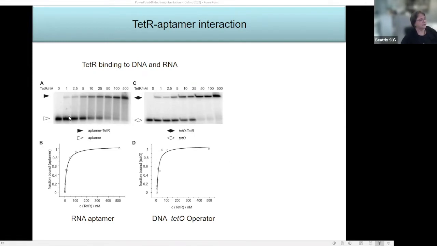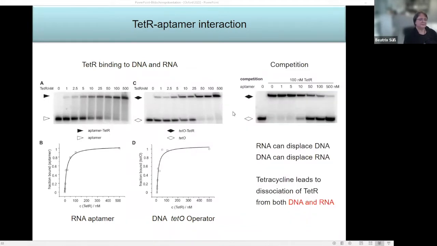With this band shift, you can see that if you have the aptamer, you can nicely shift it in the presence of protein, with nearly the same efficiency as with the DNA, the TET operator. Left the RNA, right the DNA.